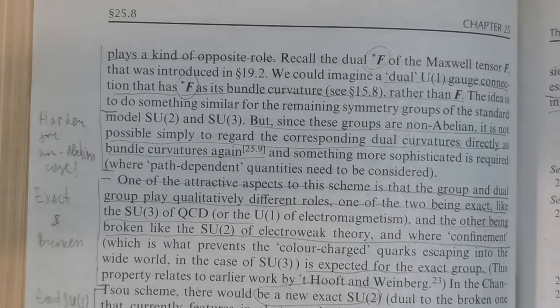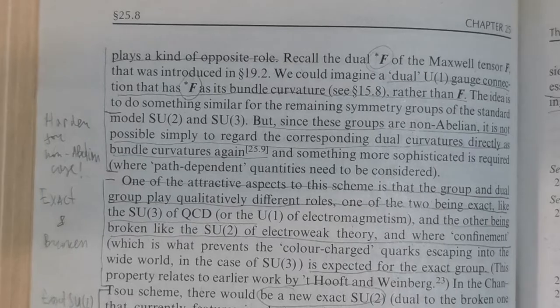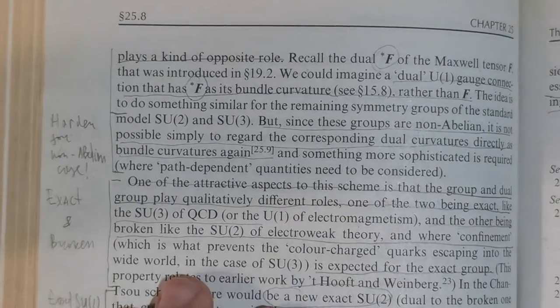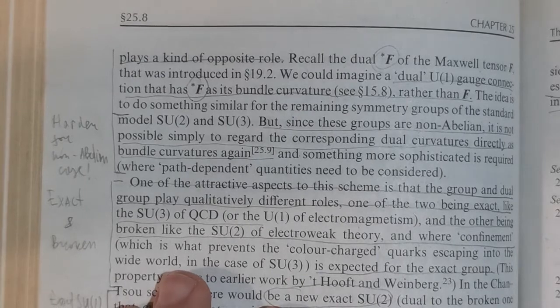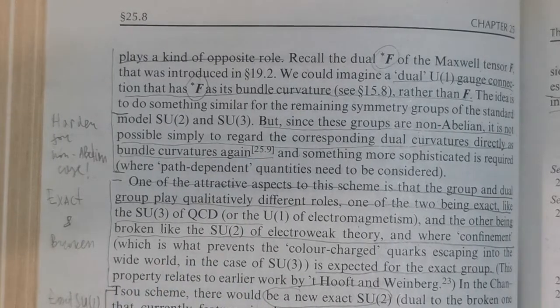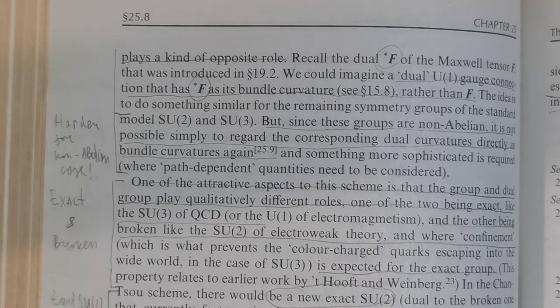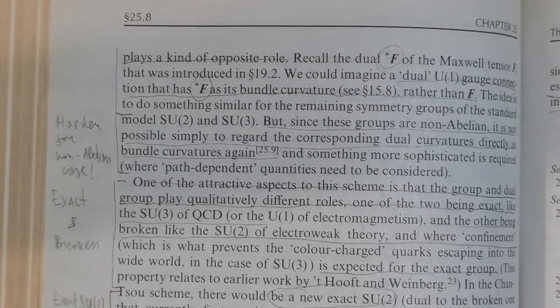And he also says that confinement, for example, which we have for the exact symmetry, will also be present in the other cases. So for a new exact SU2, we will have a new kind of confinement, which will be two-colored lepton confinement.